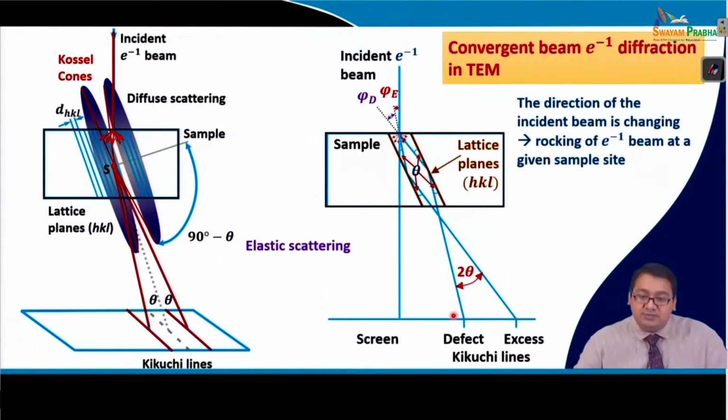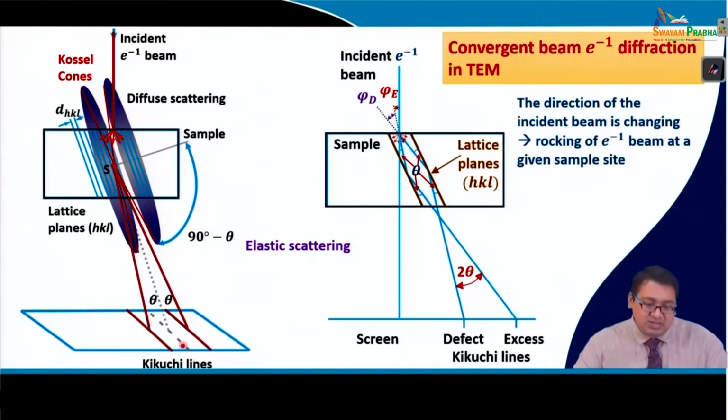So, what happens is that while the incident electron beam also falls straight on the screen because the specimen is so thin, it is almost electron transparent, the intensity of this electron beam which is diffracted and falling here will be lower, and the electron beam which is diffracting and falling here will be a little higher, leading to the formation of a Kikuchi band.